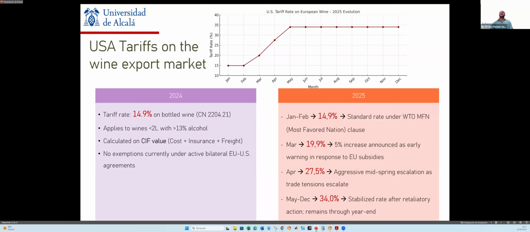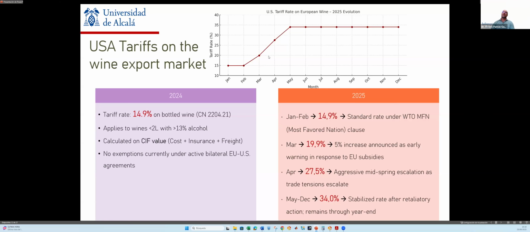So the first thing is to understand that tariffs increased linearly. So yeah, it's not about getting from 50% to 34%. No, it increased month by month in a linear way until they reach the current situation.